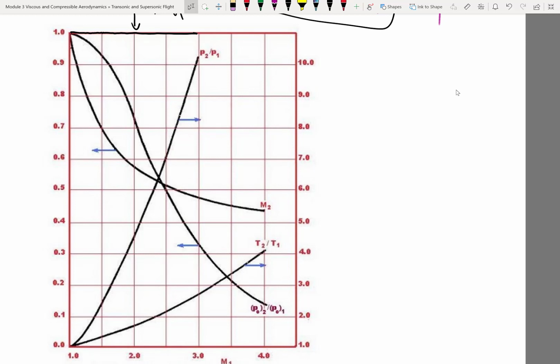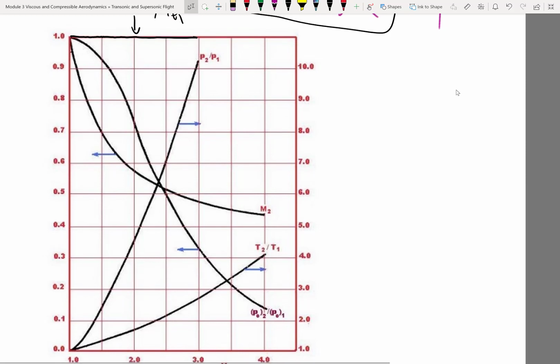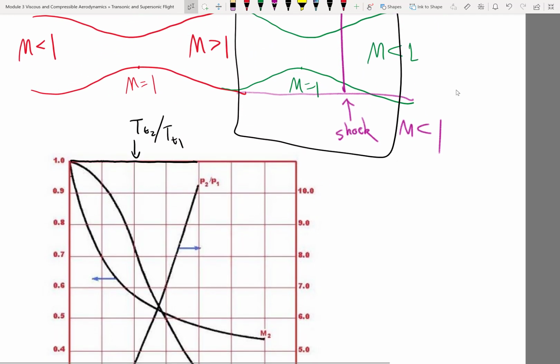Essentially, there is only one equation that you need to solve numerically. All the other quantities can be computed using analytical relations. All right, any questions regarding this graph for now?